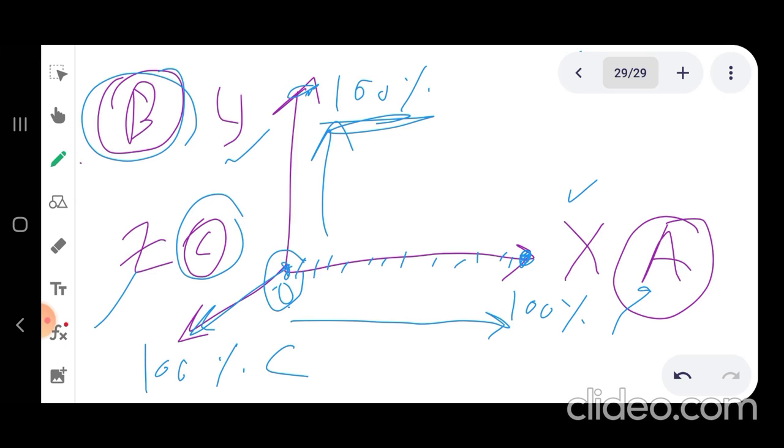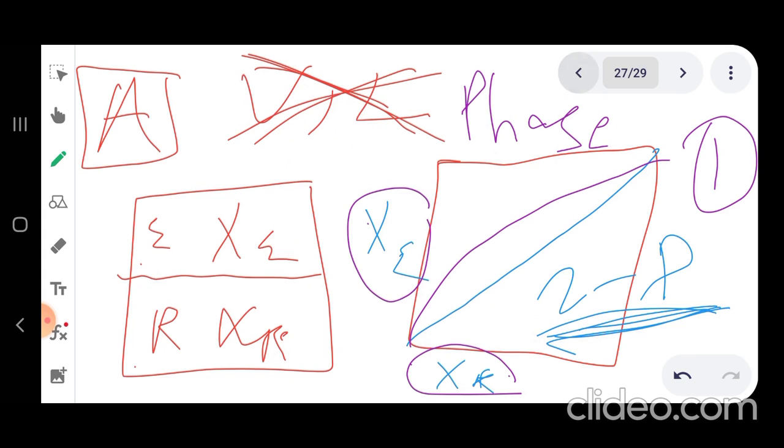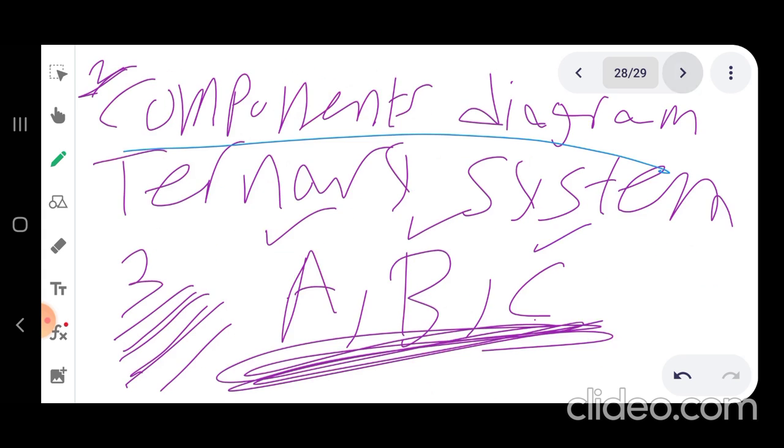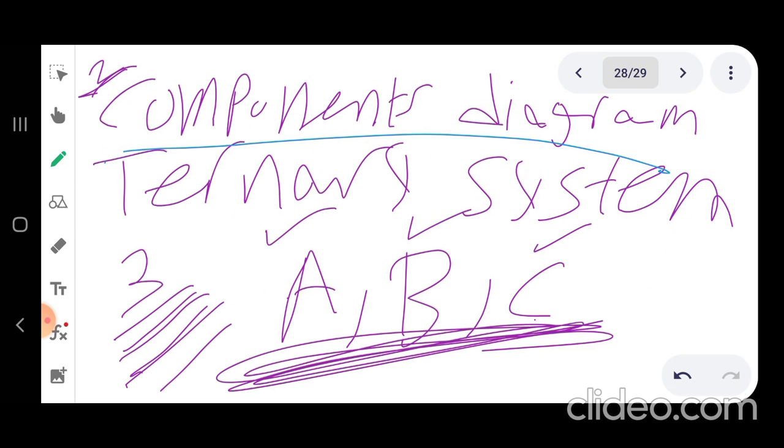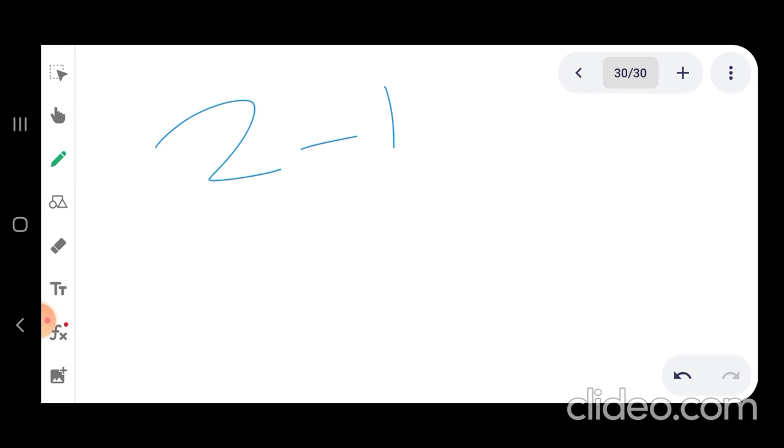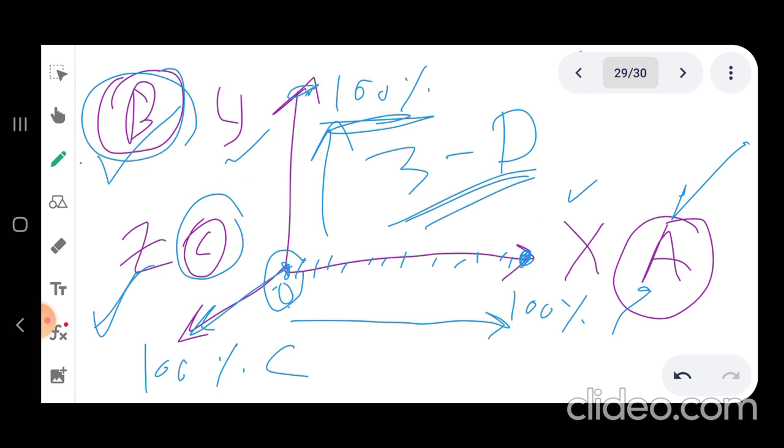In other words, one axis for A, one axis for B, and one axis for C compositions. So the question is, is there a way to represent the components diagram in a two-dimensional form rather than this complicated three-dimensional diagram?